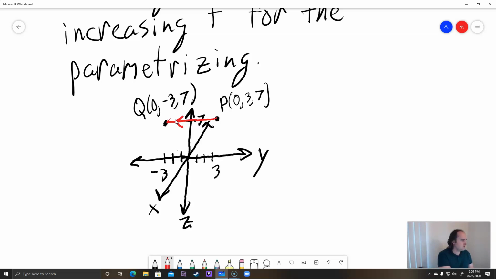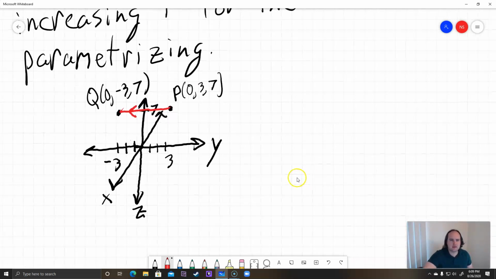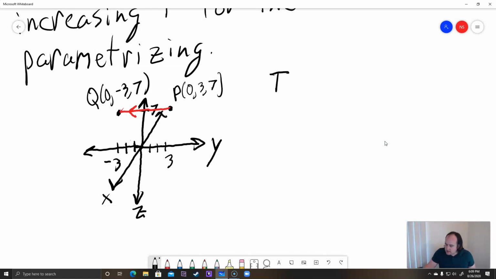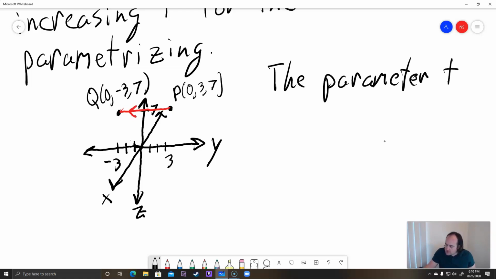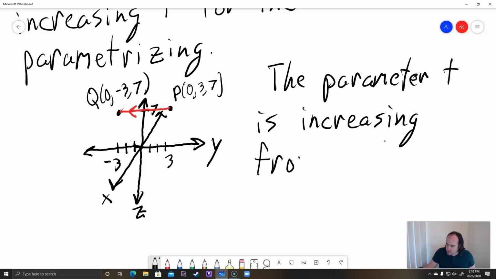Okay? And then if you want to write that in words, on some of the questions in your homework, they're going to ask you to write it in words. You can say the parameter T is increasing from our start point to our end point.